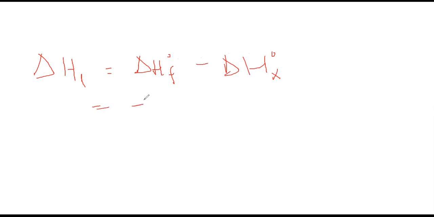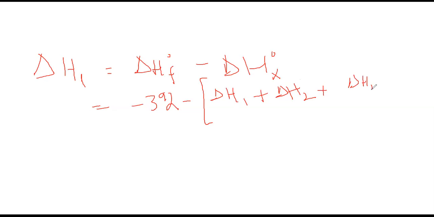So delta HF is minus 392, minus we have to add all the delta Hx: delta H1 plus delta H2. Delta H1 was the atomization of potassium. Delta H2 was the ionization energy of gaseous potassium, plus delta H3, the atomization of the bromine molecule, plus delta H4, the enthalpy change of electron affinity.